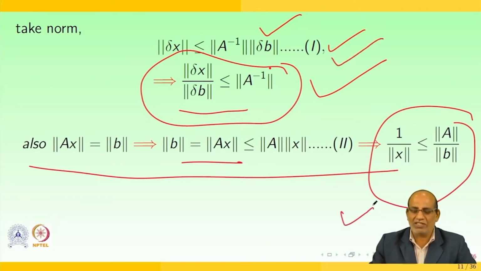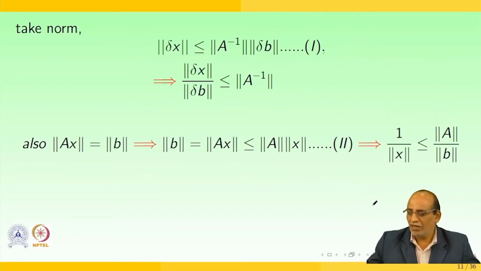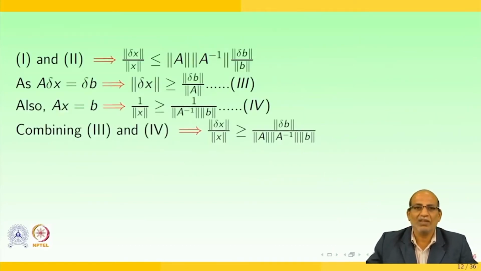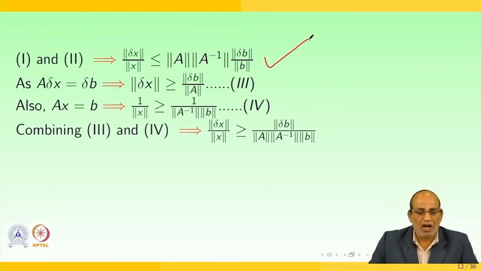From these two equations we can make the conclusion that norm of delta x upon norm of x is less than or equal to norm of A times norm of A inverse multiplied with norm of delta B upon norm of B.